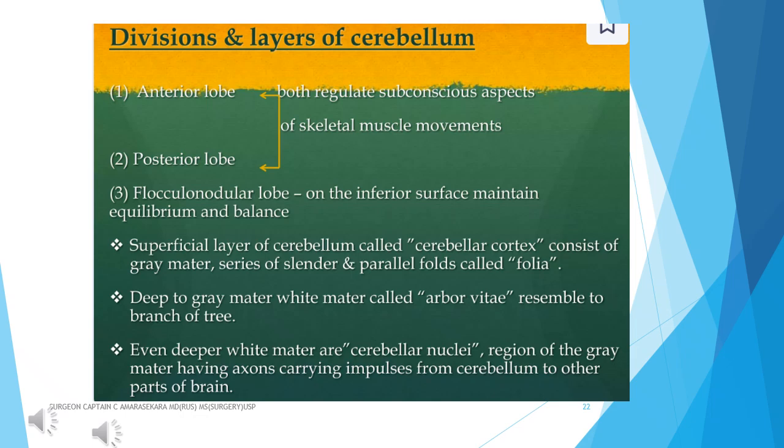These include the dentate, emboliform, globose, and fastigial nuclei. This relays the cerebellar output to the brainstem and thalamus.